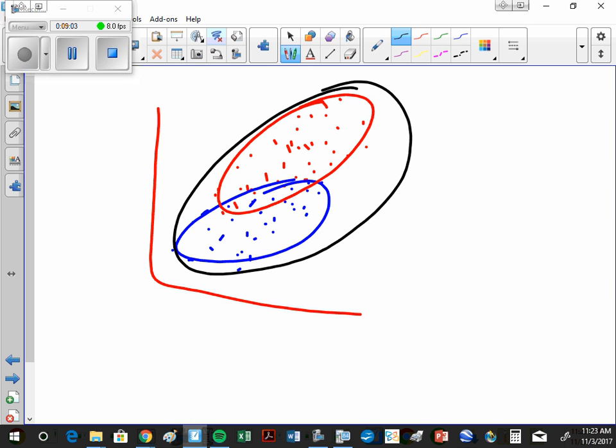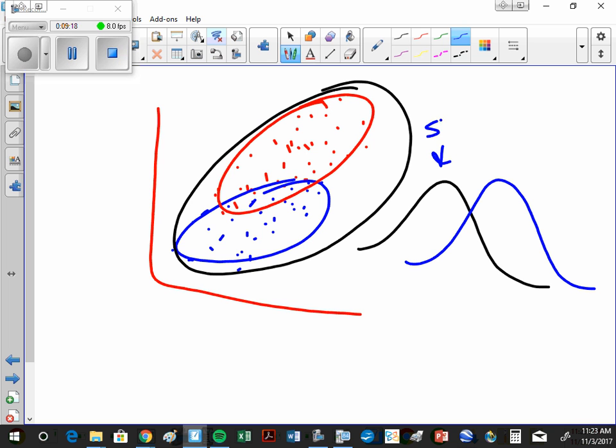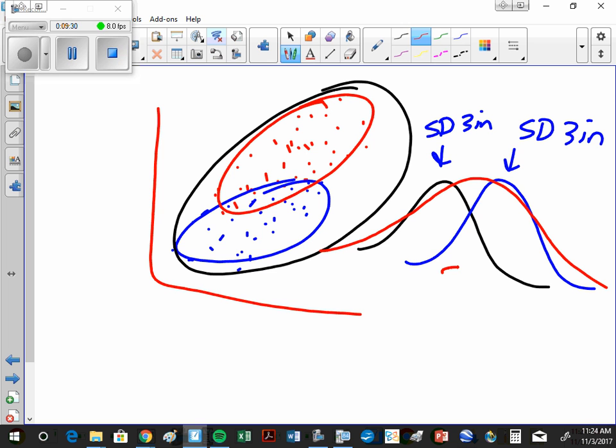Do you remember when we did men's height and women's heights? So this was the normal curve for women's heights, and the men's height was slightly to the right. So this had an SD of like 3 inches, and this had an SD of 3 inches, but when you put them together, you end up with a normal curve that's wider, so that would have an SD of like 4.